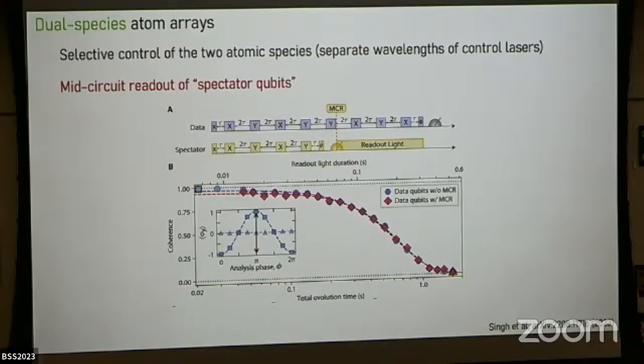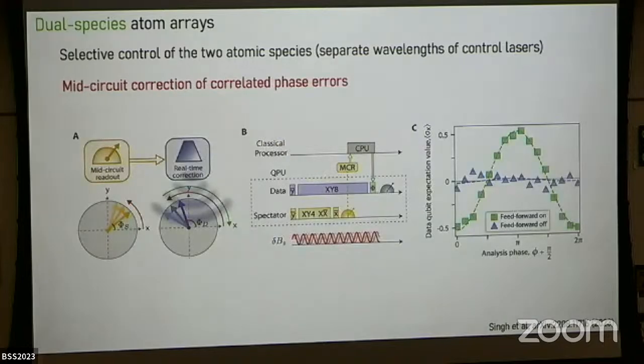So you don't see a strong effect of the mid-circuit readout on the ancillas. So then they use this also to do actual mid-circuit correction. So what they do in this case is they use the ancilla qubits to detect noise that happens in the system, and then they use those measurements to feedback on the atoms.